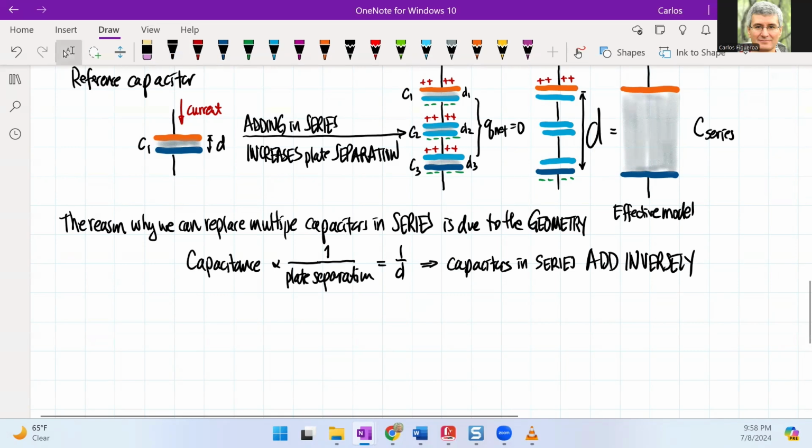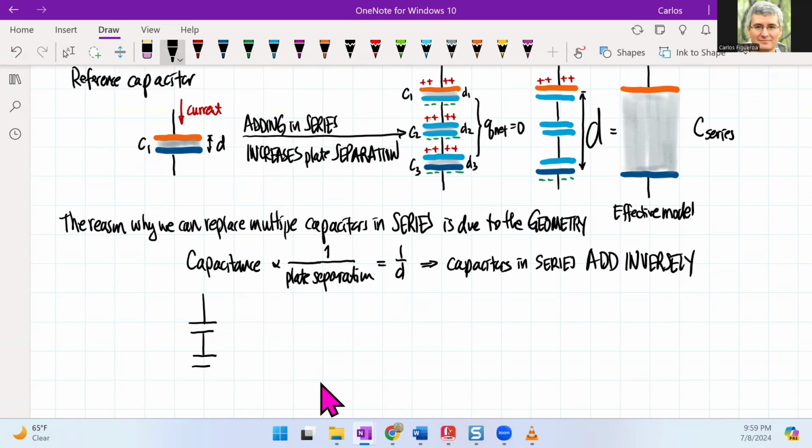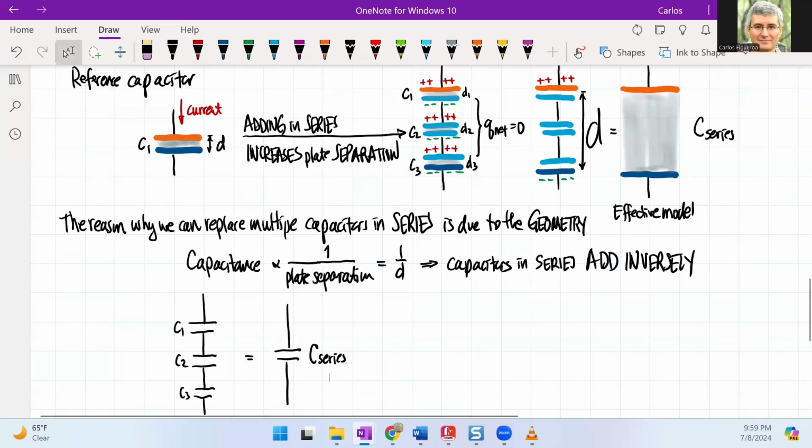So in other words, if I start to look at an equivalent circuit, what we're saying is that if I have 3 capacitors in series, I can replace these 3 with one equivalent capacitance that we call C series, where these guys now add inversely.